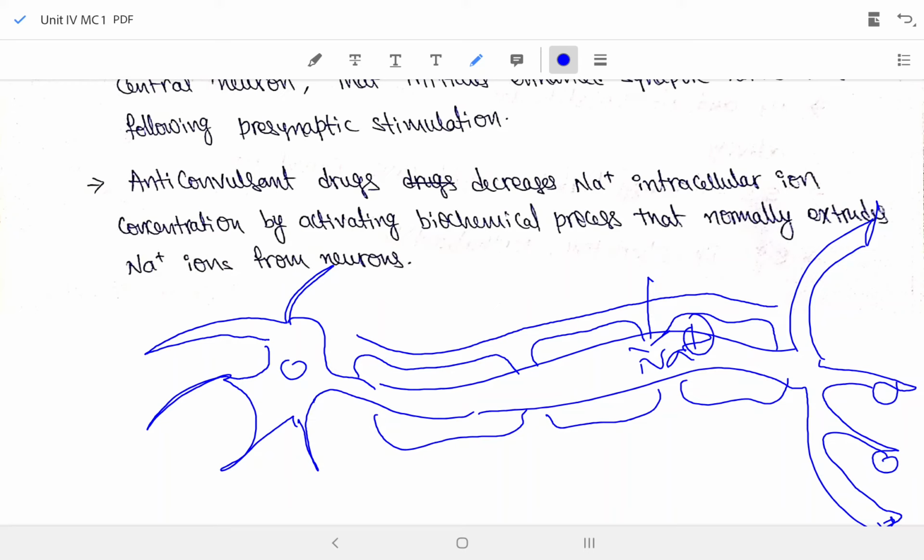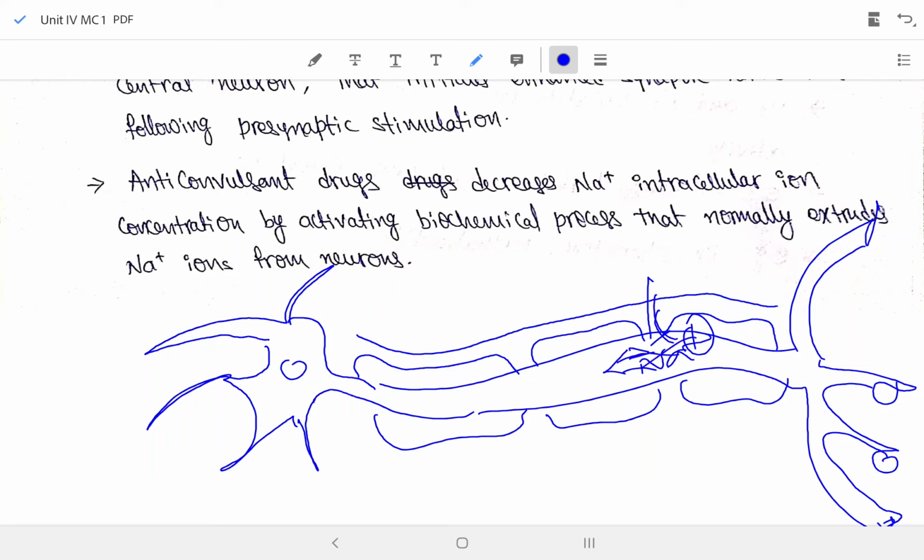Depolarization means more excitement in the cell. More excitement means continuous triggering of the signal makes us shaky. That is the reason he will always shake his limbs, head, neck, mouth and everything very rapidly. So the continuous signal triggering happens when sodium ions are concentrated inside the neuron.